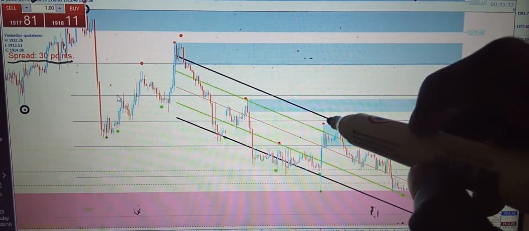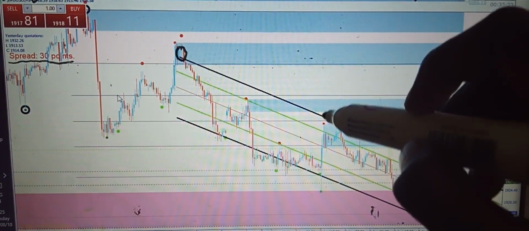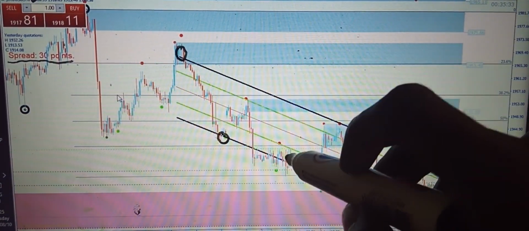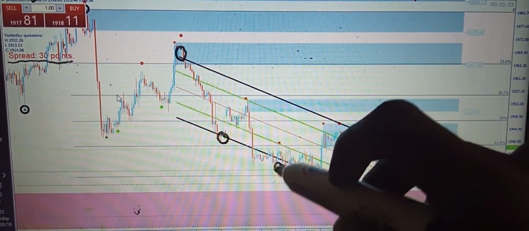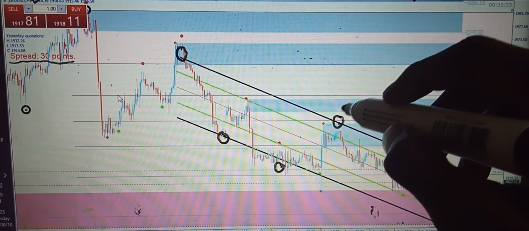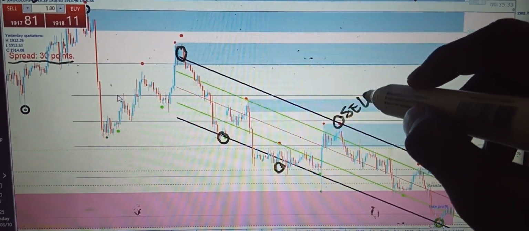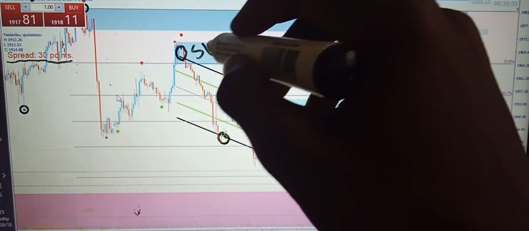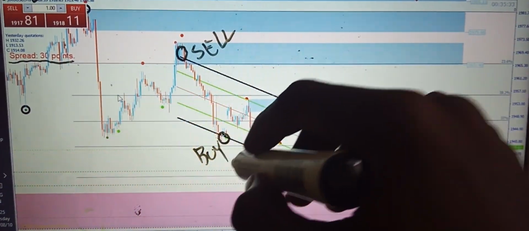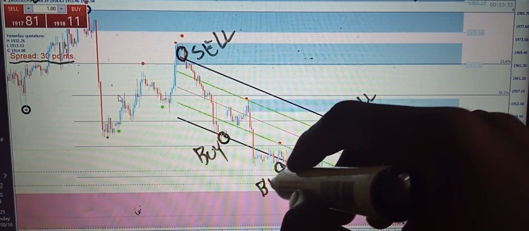So the only time we're gonna take a signal on gold was at this level there, and then a buy from this level, right? And then a buy from this level here. We have a signal also there, and then there we sell, right? So we are gonna sell here, and then we were gonna sell there, and then this level we're going to buy, this level we're going to buy.